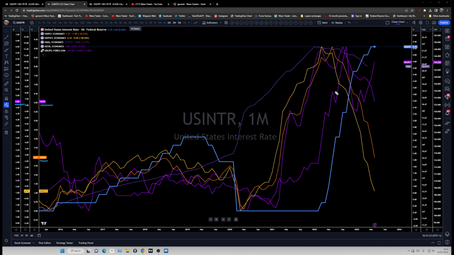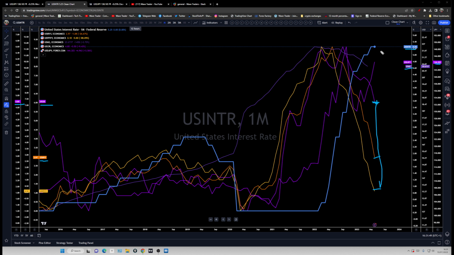And US money supply is also going down, and the US interest rate is still sitting at 5.25. And this is not the updated dollar yen chart. So the point is that PPI is falling aggressively, the CPI headline numbers are also falling, and core inflation is also going down, all three going down.